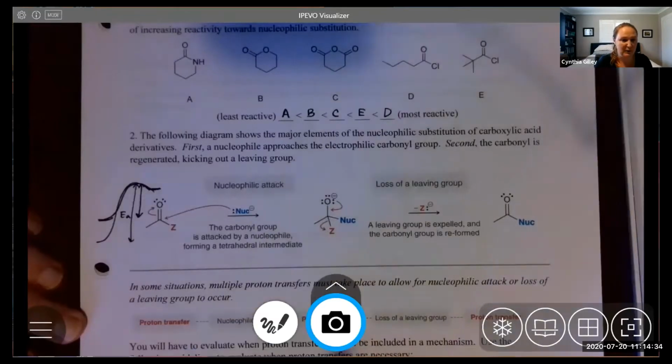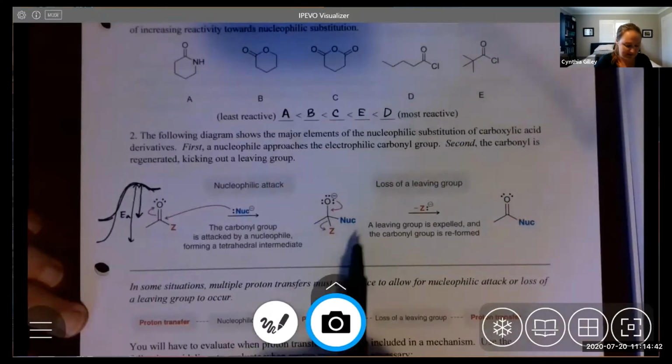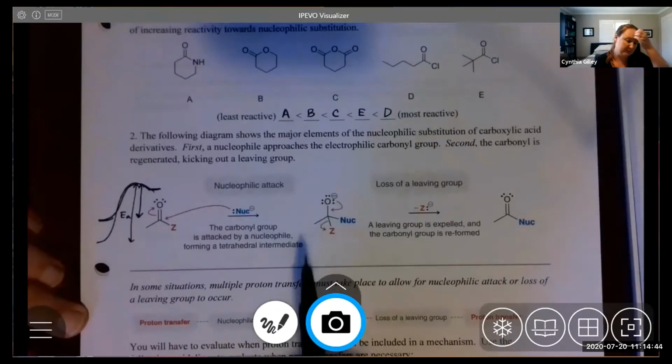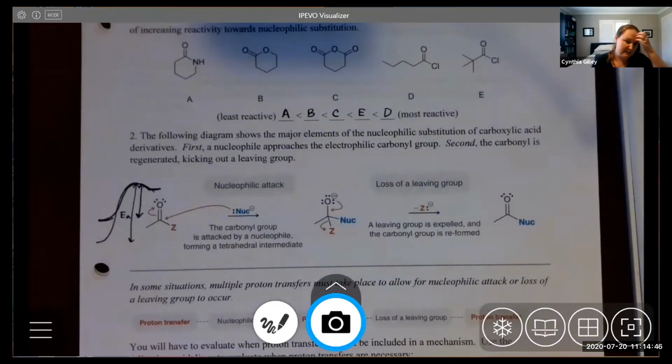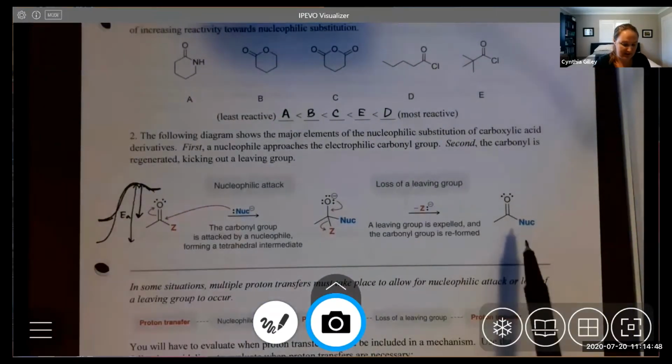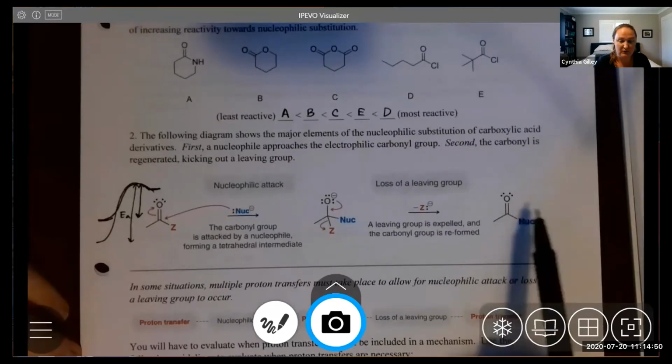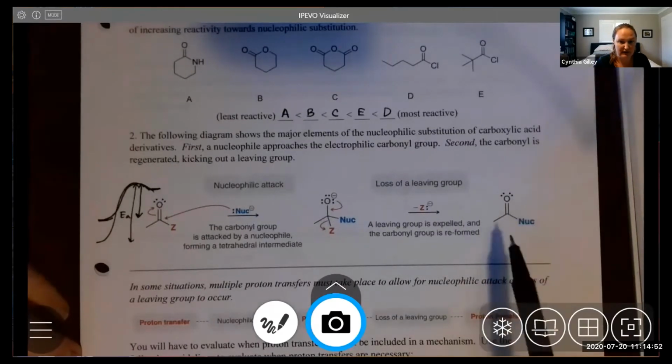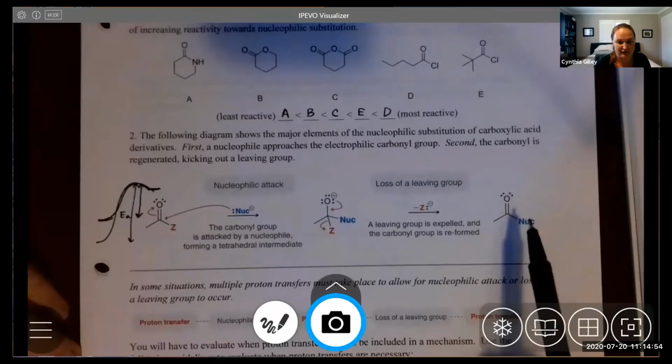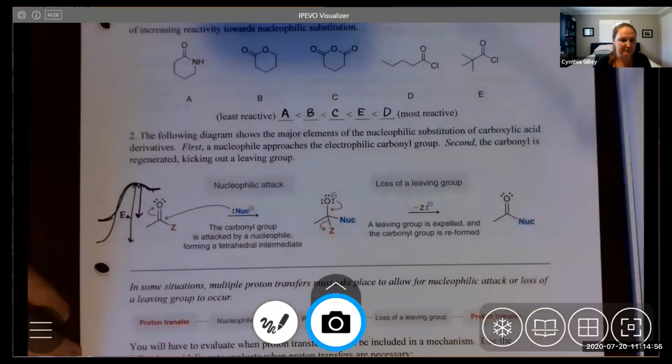If you have a good leaving group, you don't need to. If you don't, you do need to make a good leaving group, and then it will leave. So proton transfers may be necessary to generate a good leaving group. And then at the end, proton transfers may be necessary to make the product neutral. If it's charged, like there's a proton attached to the oxygen, you would need to remove that.